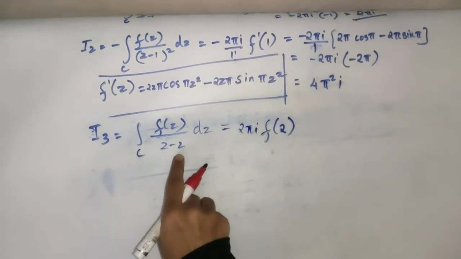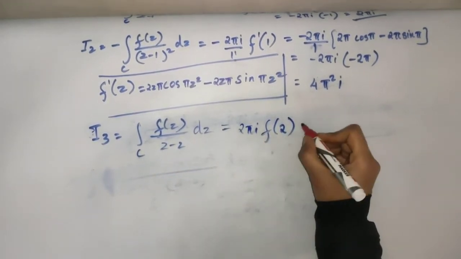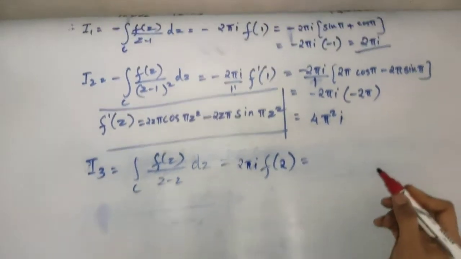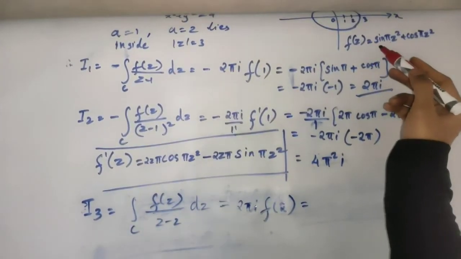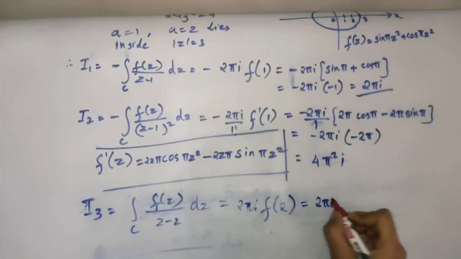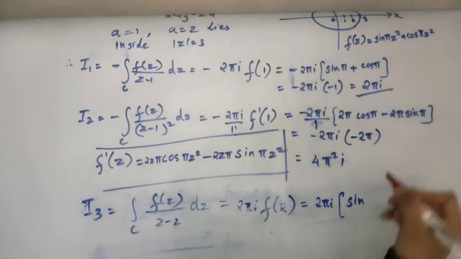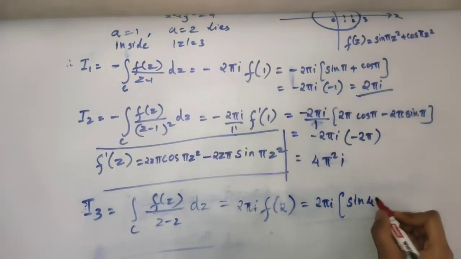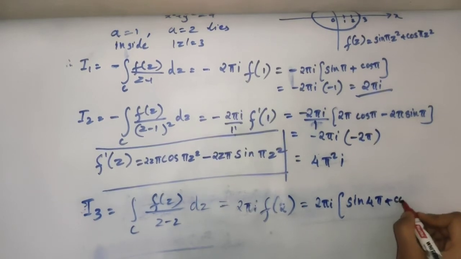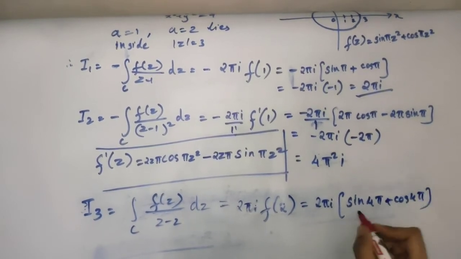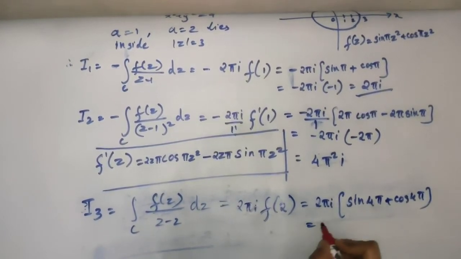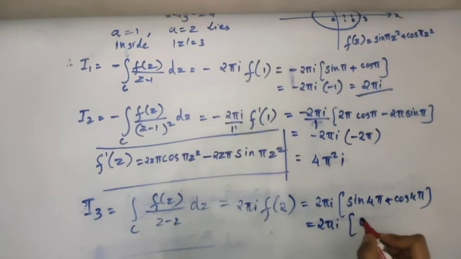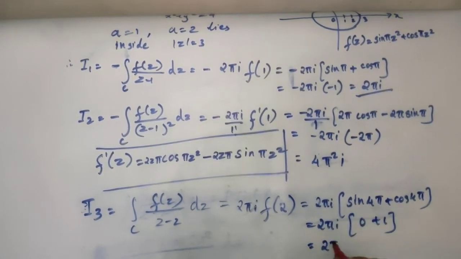Look at the denominator, the value for a is 2. So 2 pi I into f of 2. Your f of z is sine of 2 pi z plus cos 2 pi z, so it will be sine 4 pi plus cos 4 pi. Sine 4 pi is 0 but cos 4 pi is 1. So it will be 2 pi I into 0 plus 1, which is 2 pi I again.